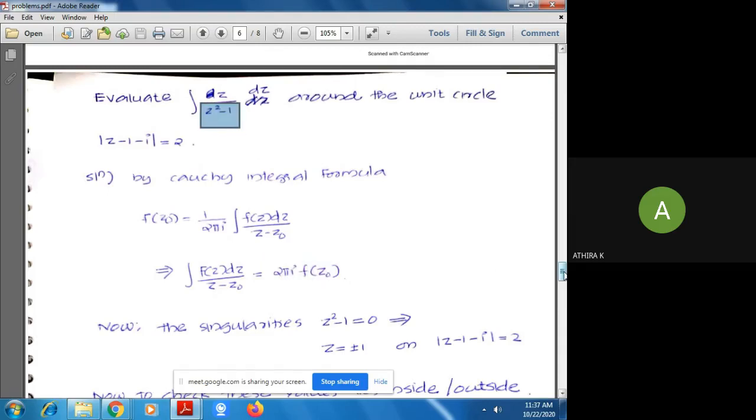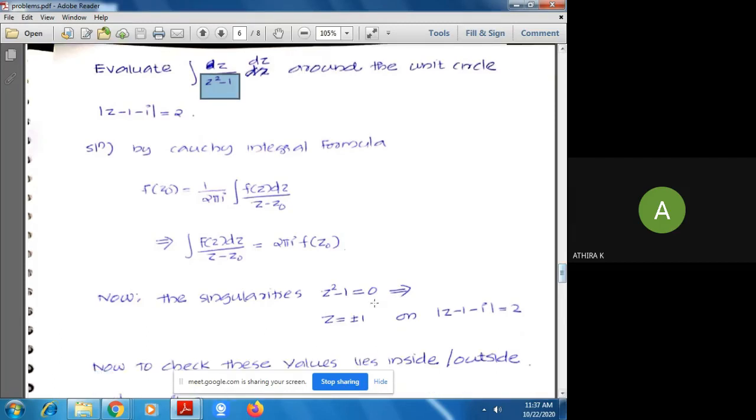So we first find the singularities of the given function: z square minus 1 equal to 0 implies z is equal to plus or minus 1, on the circle mod z minus 1 minus i equal to 2.